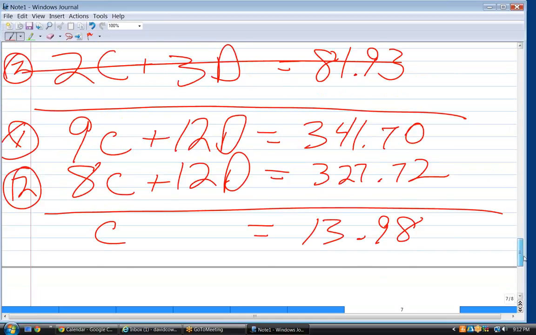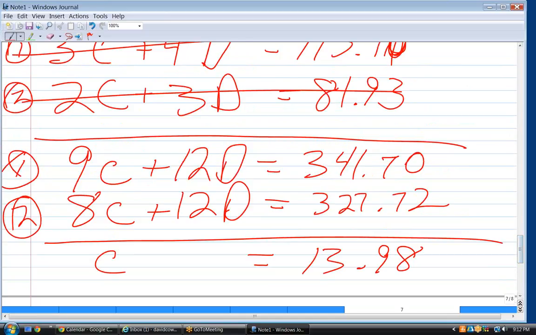To solve for the price of the DVD, go up into this. This is the simplest of the original equations. In fact, this is the simplest equation on my page now. And substitute 13.98 for C and solve for D.